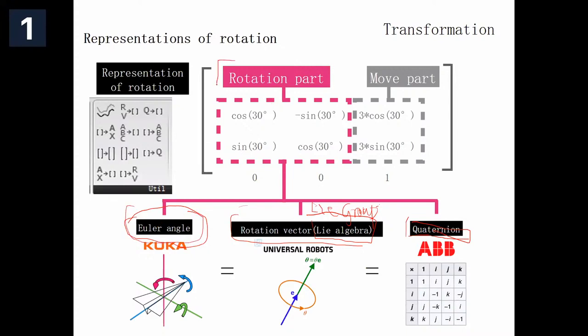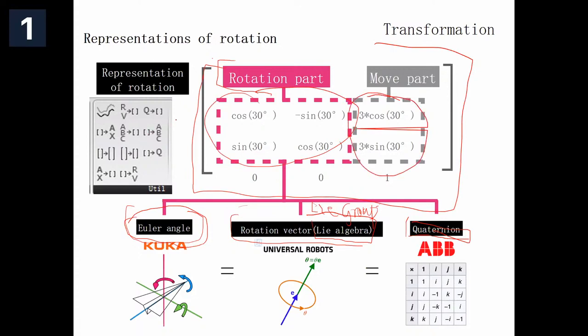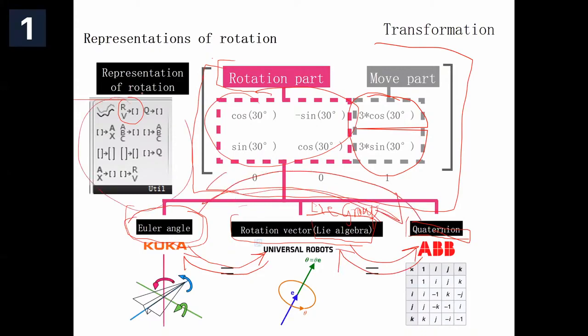You can see this rotation part. This is the transformation. This part is for rotation. This part is for movement. And in FU robots, there are a lot of components to do this transformation. You can convert the Euler angle to rotation vector, and the inverse, by this component.